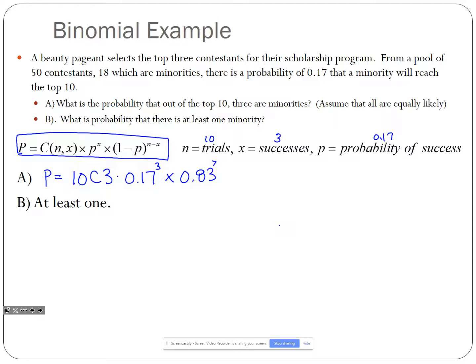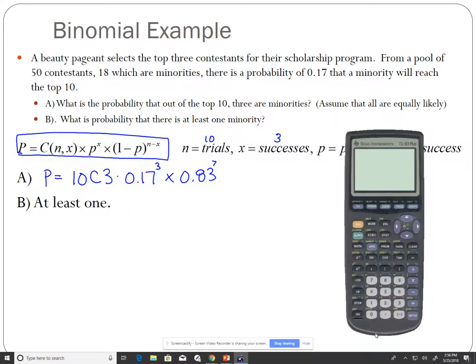Here's our problem. We can do it using our calculator in 2 different ways, and I will show you both. And I chose a combination because we don't care in what order the minorities are chosen, just that there are 3 of them.